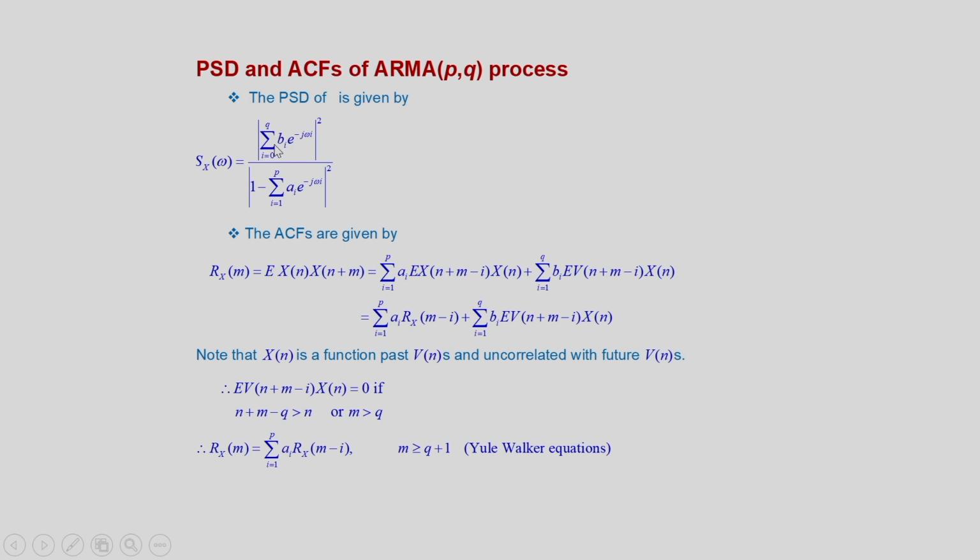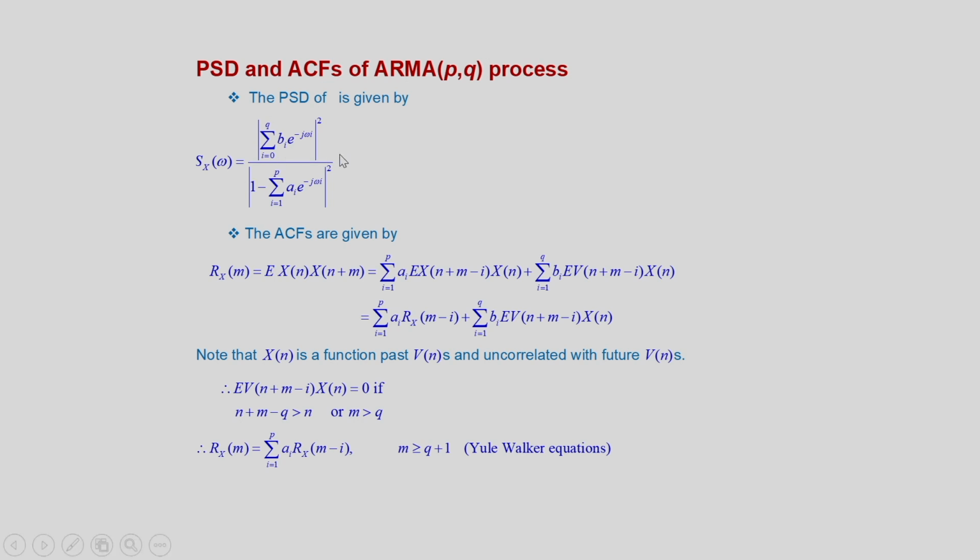That is, the summation i going from 0 to q of b_i e to the power minus j omega i, whole mod squared, divided by 1 minus the summation i going from 1 to p of a_i e to the power minus j omega i, whole mod squared. This is the expression for S_x(omega).